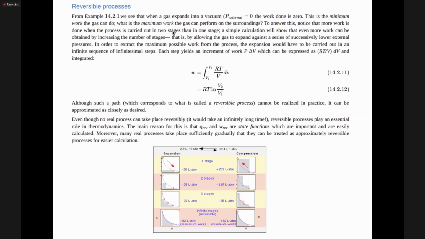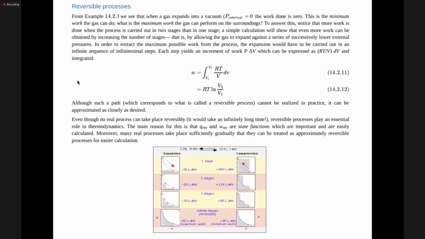You have to understand what is meant by a reversible process. A reversible process is such a path that cannot be done in practice. In reality, a fully reversible process cannot be attained.